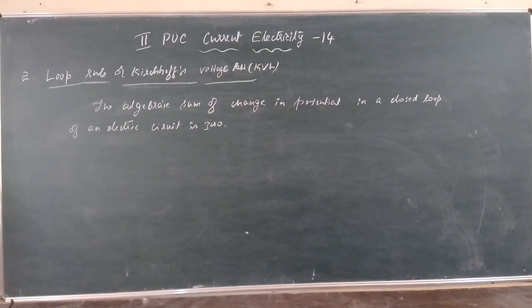Okay, the algebraic sum of change in potential in a closed loop of an electric circuit is 0.